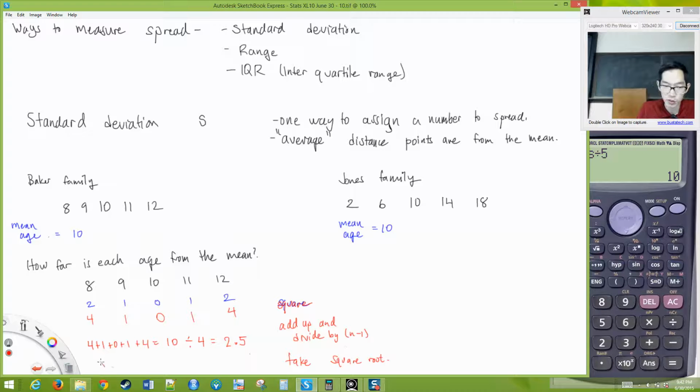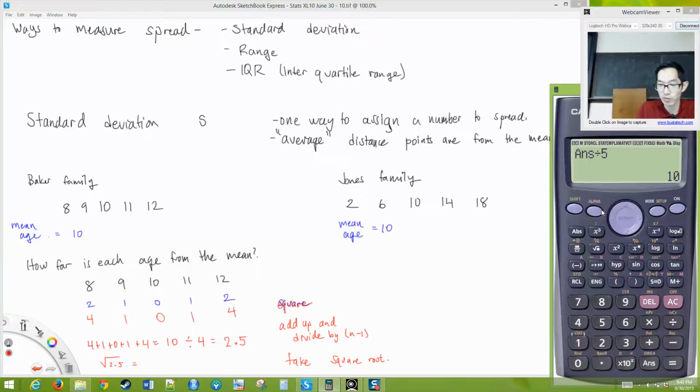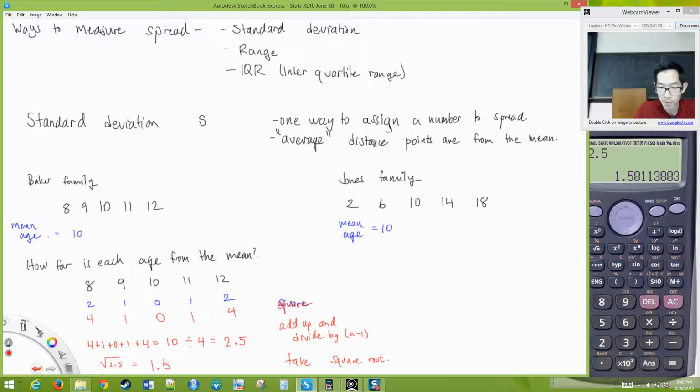So we take the square root of 2.5, and I get 1.581. So the standard deviation of the Baker family is equal to 1.5811.